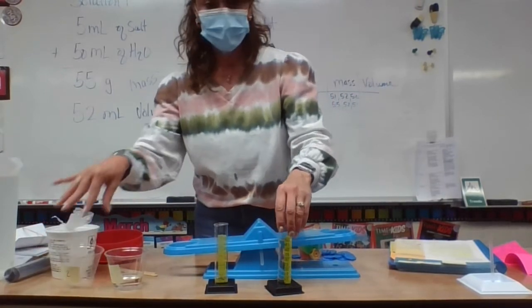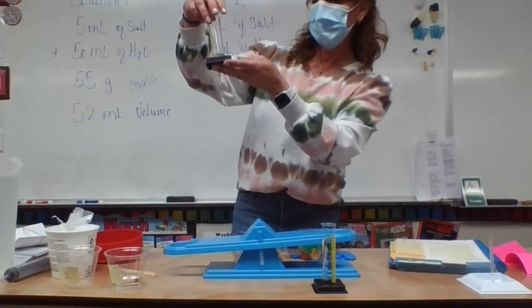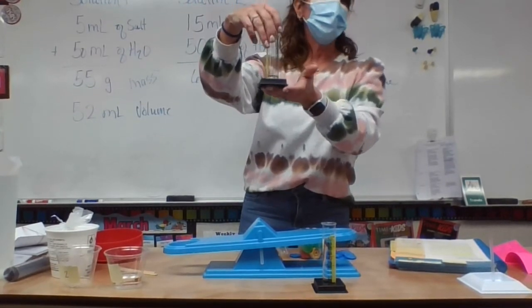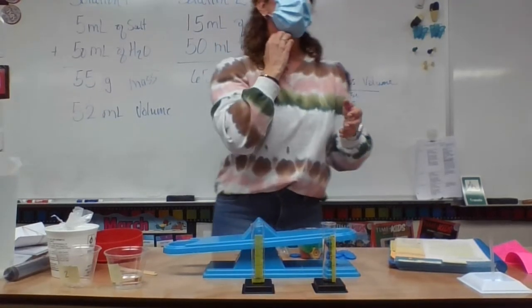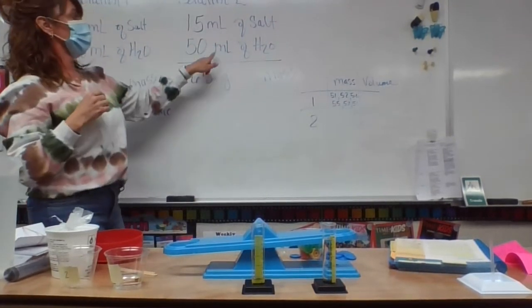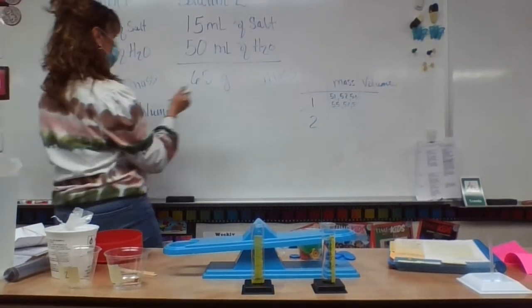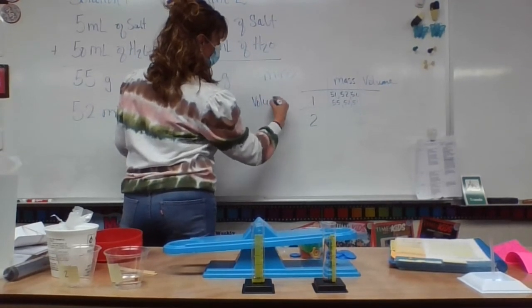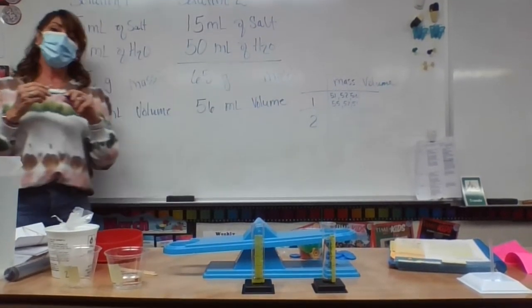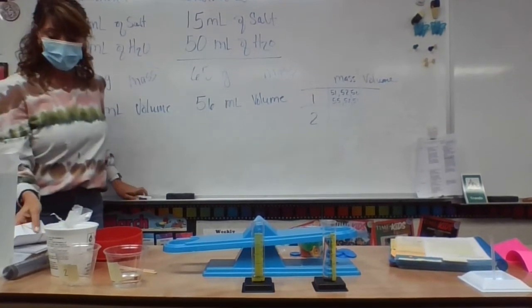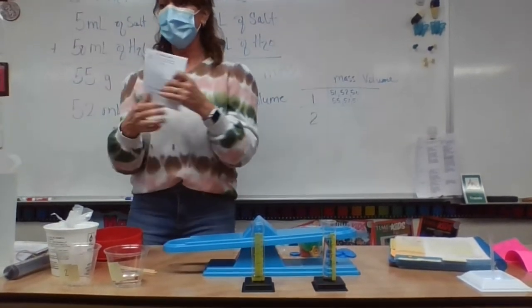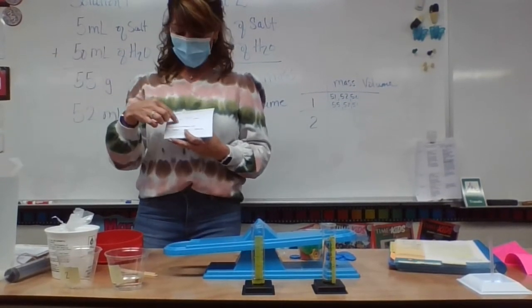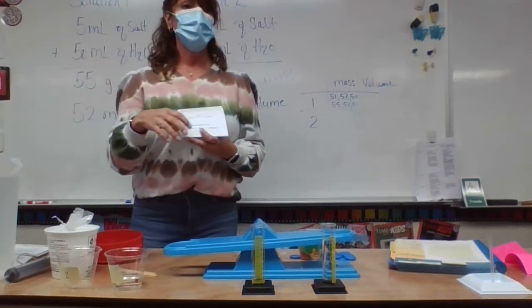So this measured 50 plus 6, let's say 56. So it started at 50, right? Now it's about 56 milliliters for volume. Yes? Okay, so now on your paper, it has similarities and differences. What you're going to do right now is record the differences in the two solutions. Go.